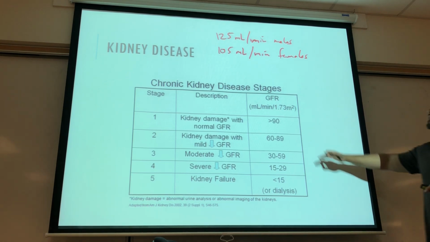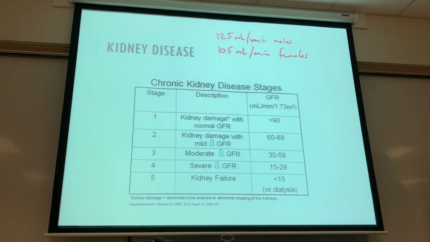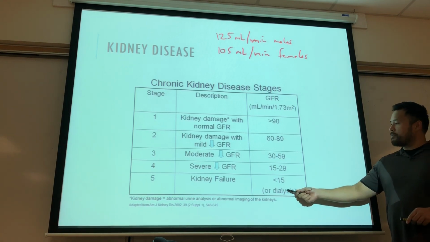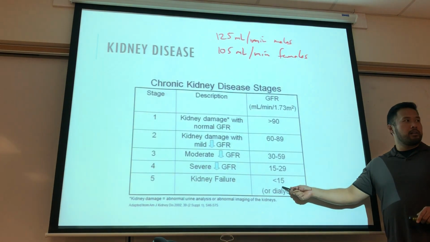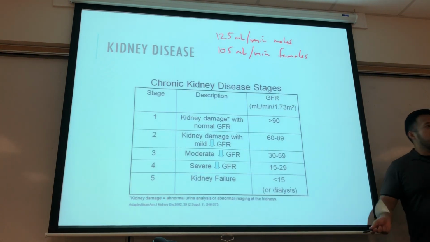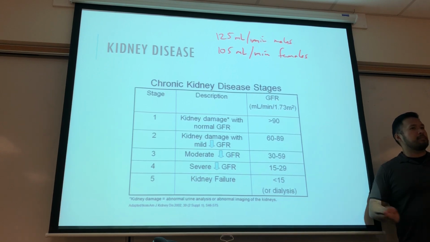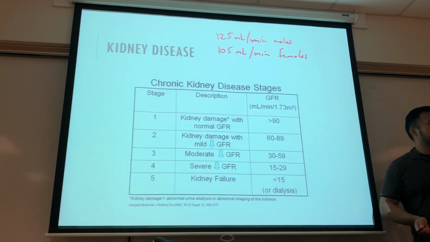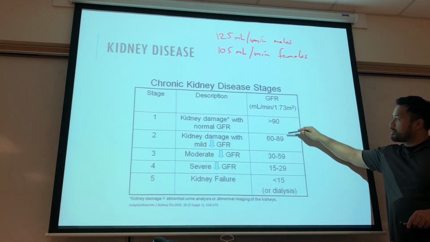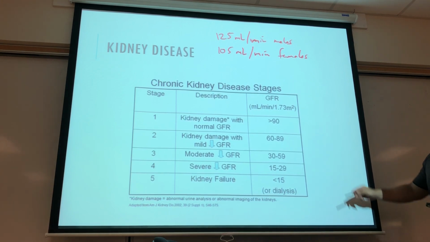And we see different stages at which we see decreased glomerular filtration rate. Let's start with the most extreme version, kidney failure. If you have a very low GFR, that means very limited filtration is taking place in the kidneys. If your kidneys can't filter, you'll have to rely on an external dialysis machine to do the filtering for you. As we move to lesser decreases in the glomerular filtration rate, you can see the different stages.